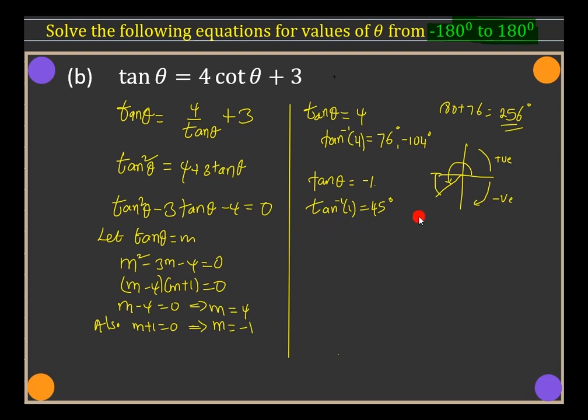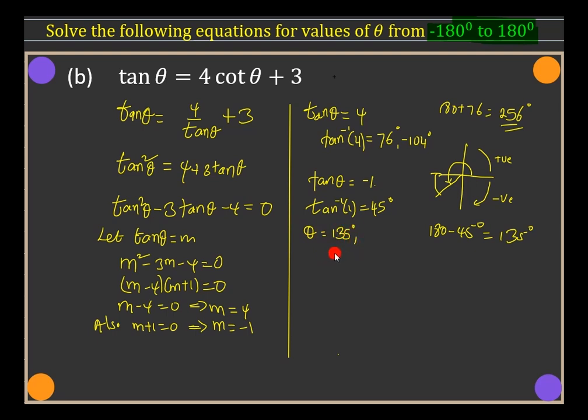The angle in the second quadrant is got by getting 180 minus the acute angle you get. So if I subtract that, I get 135 degrees. So we have that the first value of theta is 135 degrees.